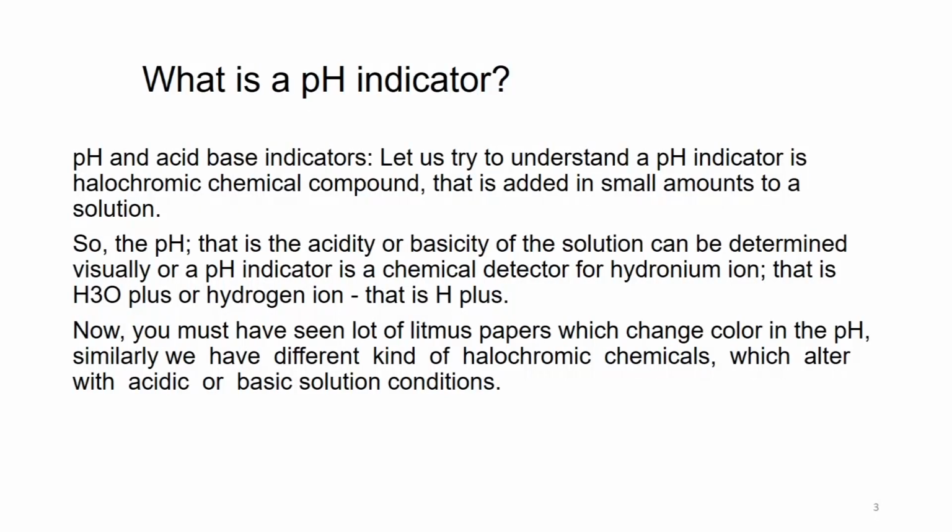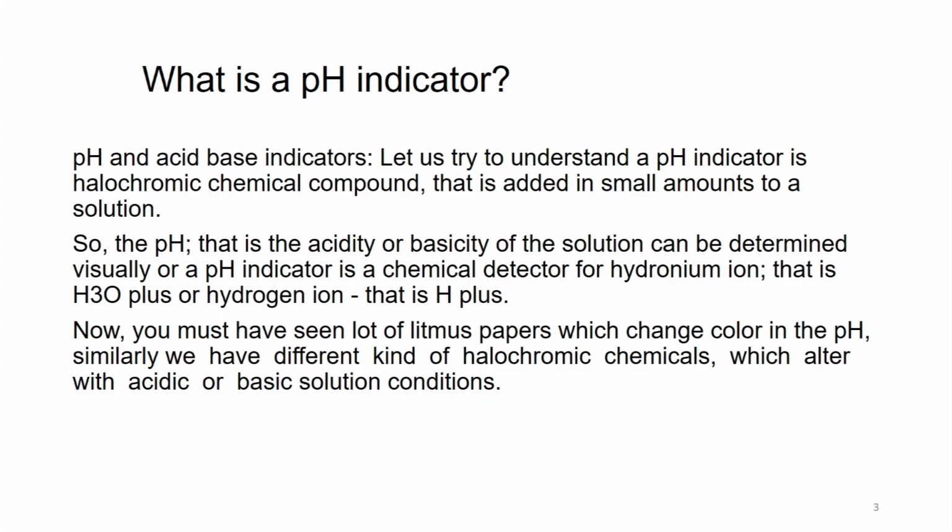What is a pH indicator? Let us first understand pH and acid base indicator. A pH indicator is a halochromic chemical compound that is added in small amounts to a solution. That means it creates a color.